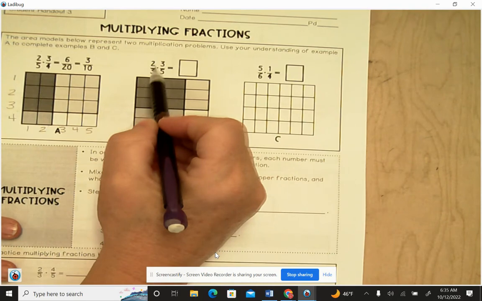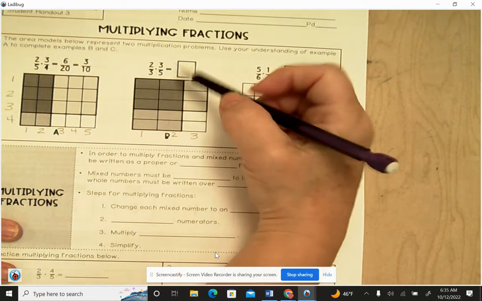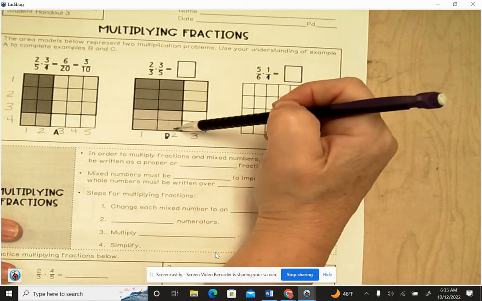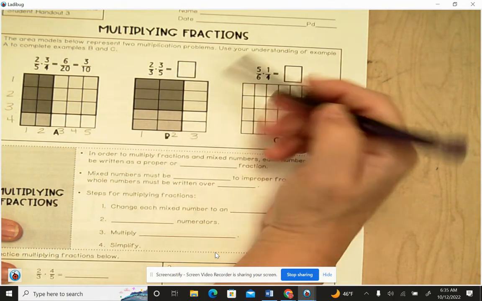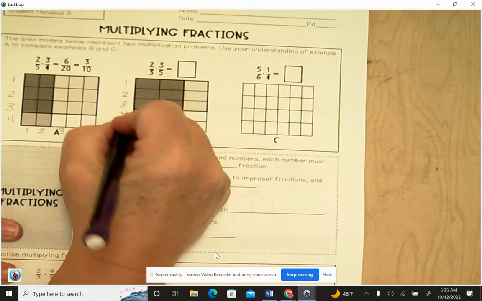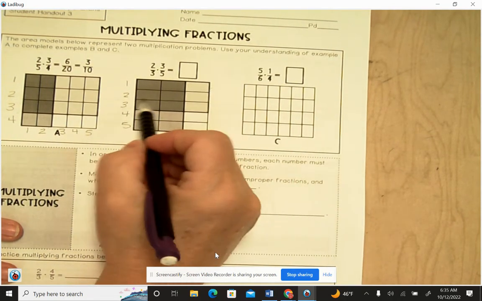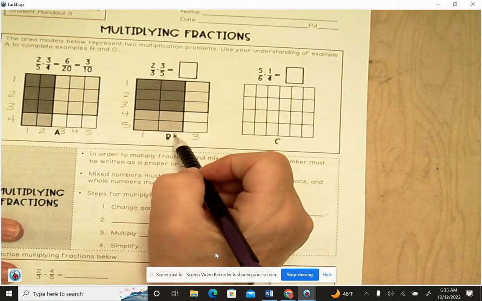Here we have 2/3. So we've got 1, 2, and 3. And 2/3 of that is shaded. All right. Here we've got 1, 2, 3, 4, and 5. And then we're shading 3 rows of the 5.